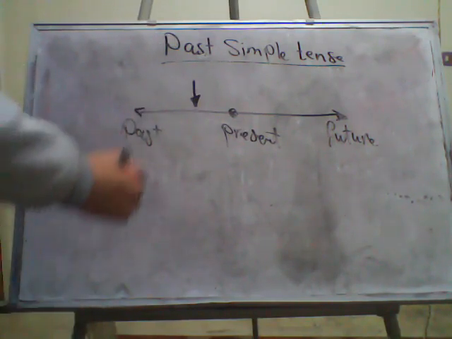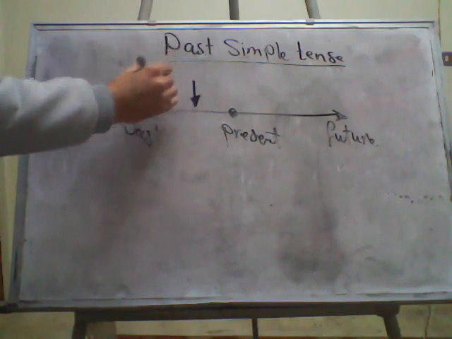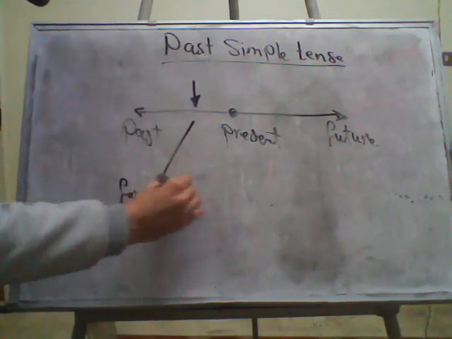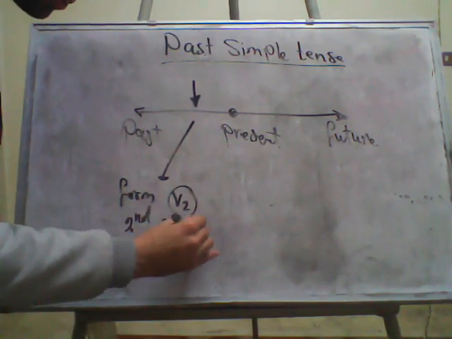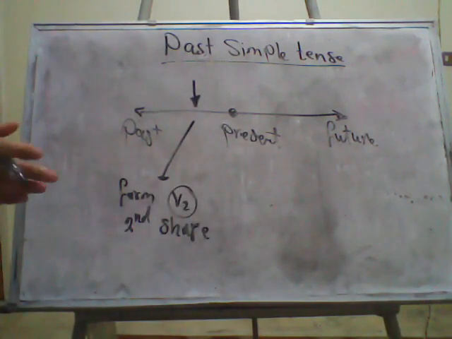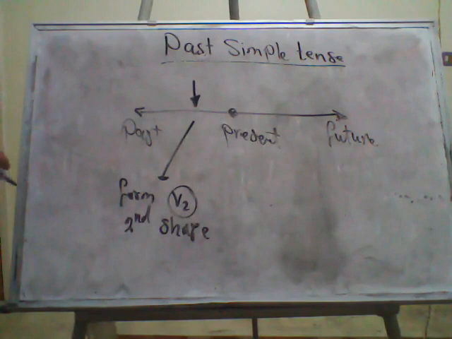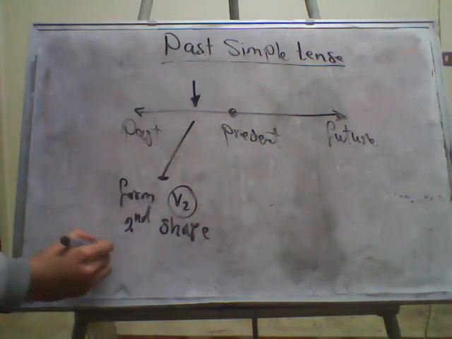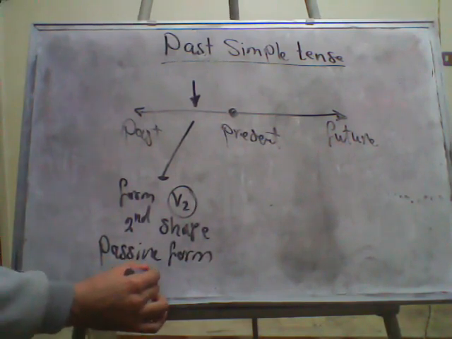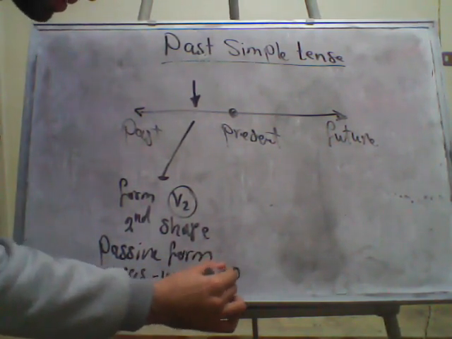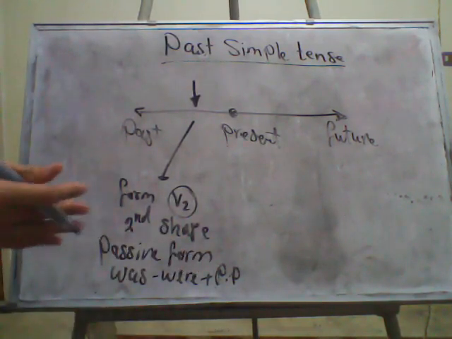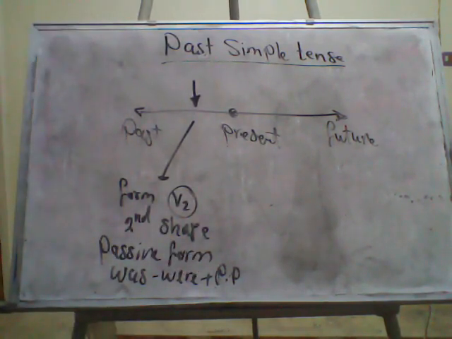Okay, so the form: V2, which means the second shape of the verb, whatever it was, regular or irregular. The other form is the passive form, which is was or were plus the past participle, and the past participle means the V3, the third shape of the verb.